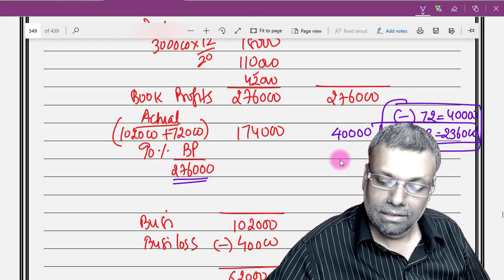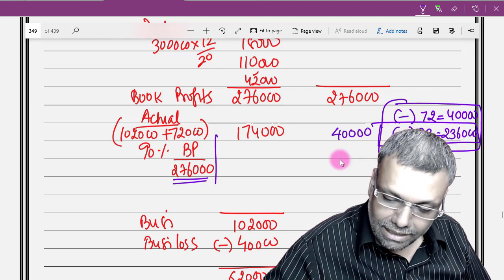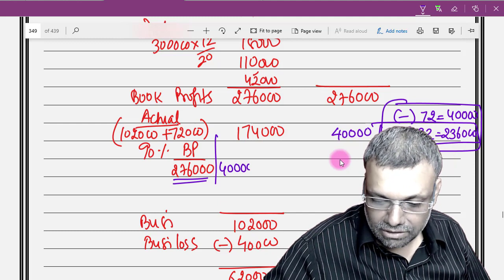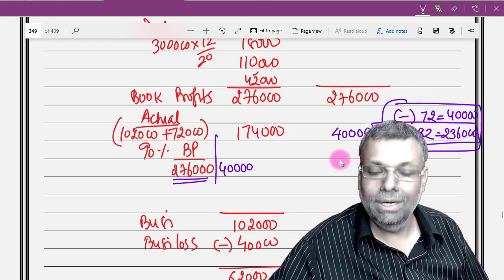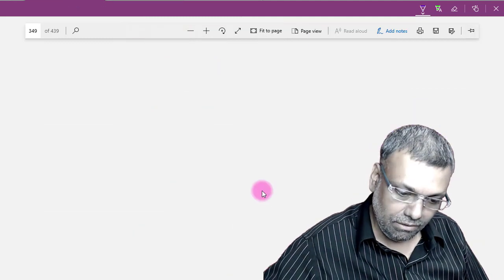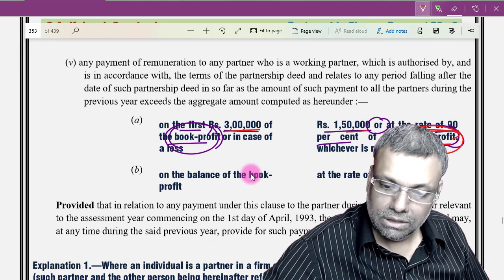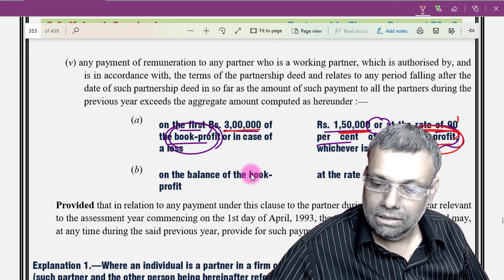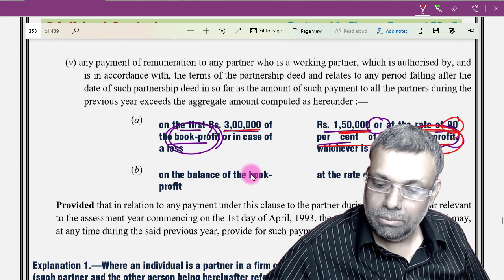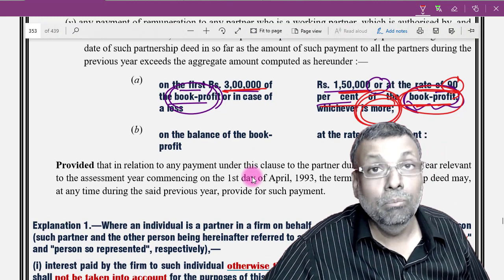So this is my 40,000 book profit, and when this 40,000 is the book profit, it is 90% of 40,000, or 1,50,000 rupees, whichever is more. The provision makes it very clear. It is 1,50,000 or 90% of the book profits up to 3 lakhs, whichever is more.